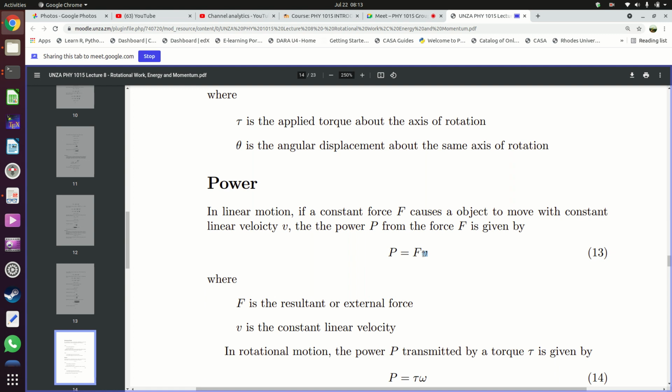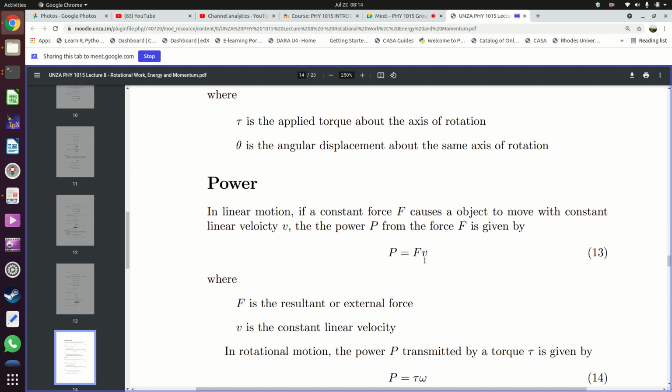Applied force multiplied by the constant velocity with which this particular object is going to be moving. So when you apply a force on a particular object, and this force causes the object to move with a certain average velocity v, or a constant velocity v. Usually when you apply a force, there is going to be a change in velocity, so there is going to be an acceleration.